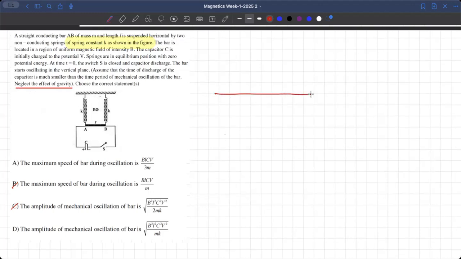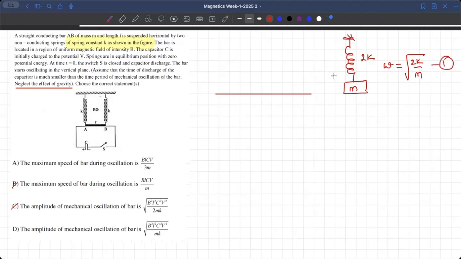Now I am treating this as the equilibrium position of the system. This system is equivalent to a single spring of force constant 2K and suspended mass M. Omega of this system is root 2K by M. Equation 1.